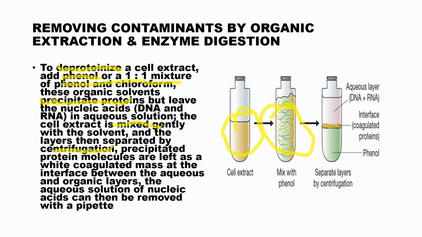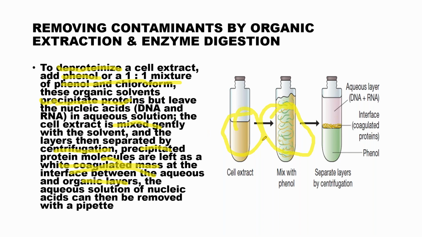First we take the cell extract, add the 1:1 mixture of phenol and chloroform, mix it by very gentle shaking, and then go for centrifugation. After centrifugation, the protein molecules are precipitated and left as a white coagulated mass at the interface between the aqueous and organic layers.